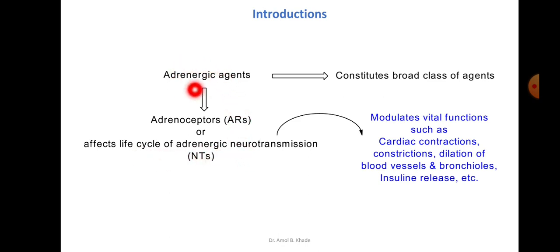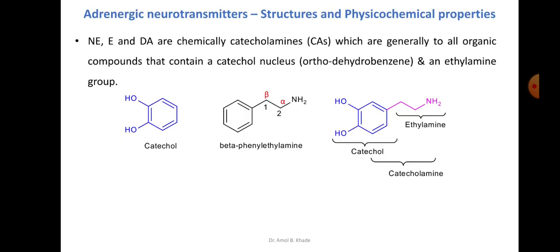Because of this they constitute a very broad class of agents which are useful in the treatment of various diseases. And because of affecting the life cycle of adrenergic neurotransmission or acting on the adrenoceptors, they modulate many vital functions in the body such as cardiac contraction, constriction and dilation of blood vessels and bronchioles, insulin release and many more.